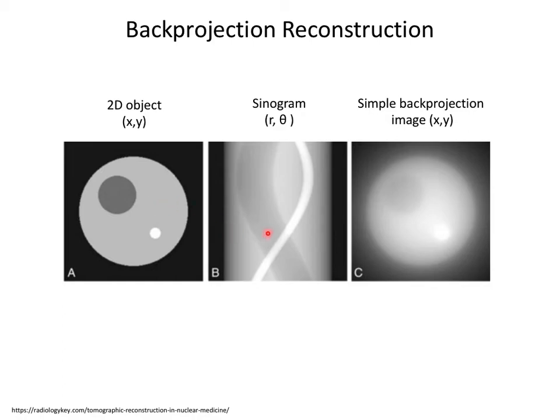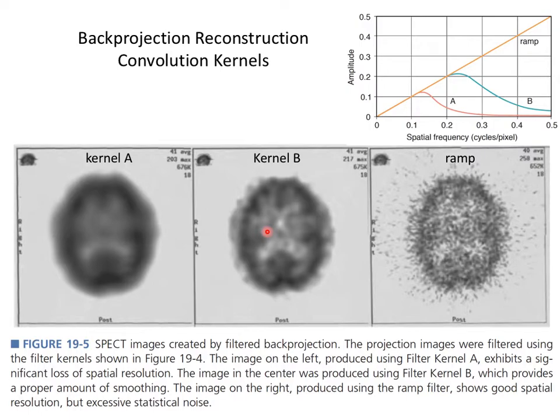If all you do is project, you're missing something, and it turns out to be the Jacobian for polar coordinates. That's now called, for whatever reason, a Ram-Lak filter, because I guess they discovered that you need the Jacobian to do the back projection. But anyway.